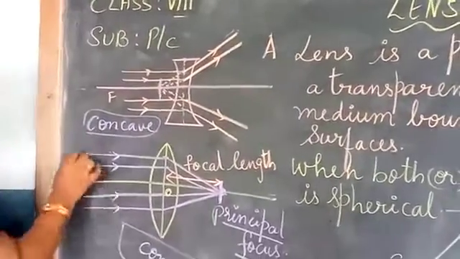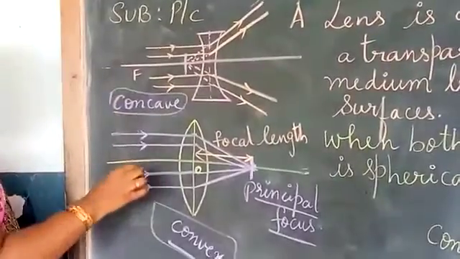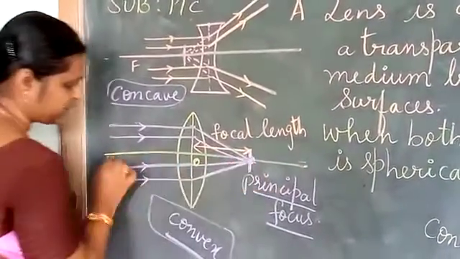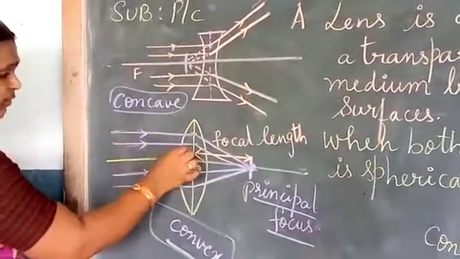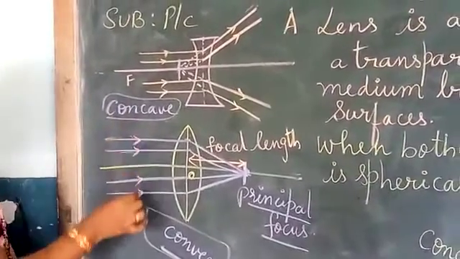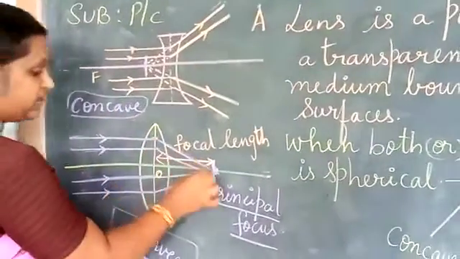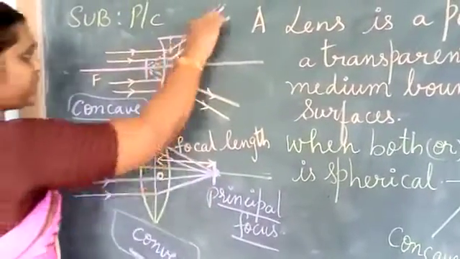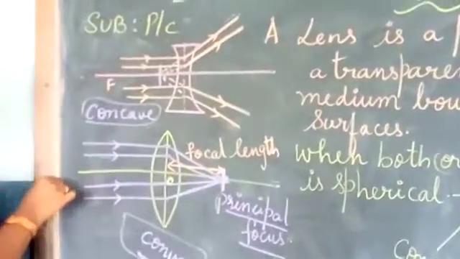Once again, a beam of light rays passing parallel to the principal axis. This is the principal axis, and these are the rays passing parallel. They converge or diverge at a point on the principal axis.